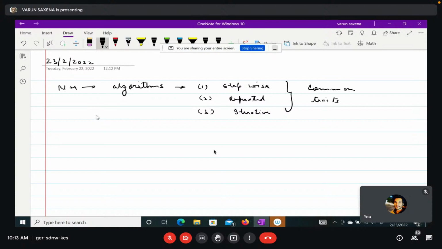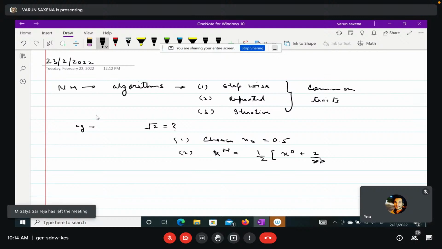Okay, then in the class we took an example. We said, let's find out the square root of 2. Okay, and then we said, okay, we choose some x naught and we chose it to be 0.5, and then we said that x new is going to be half of x old plus 2 over x old.